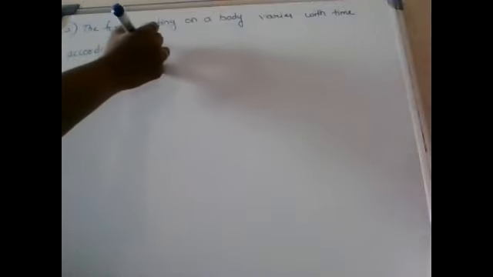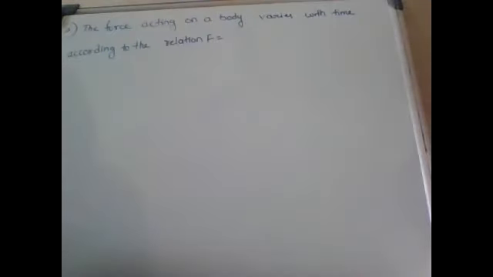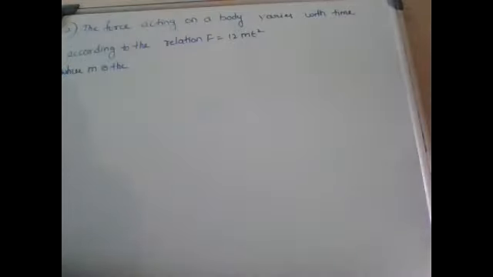Next, the second one. The force acting on a body varies with time according to the relation F equal to 12 m into t square, where m is the mass of the body.